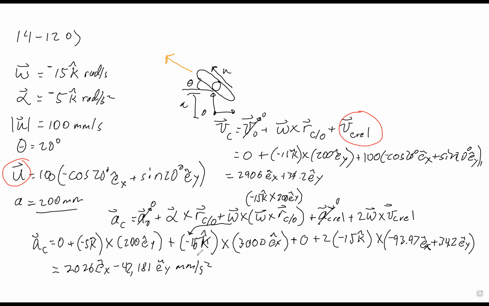So the final answer for that is going to be the velocity vector of c equal to negative 3,094.94 e hat x plus 34.2 e hat y. Sorry, my computer is running really slow, so it's not writing completely nicely.